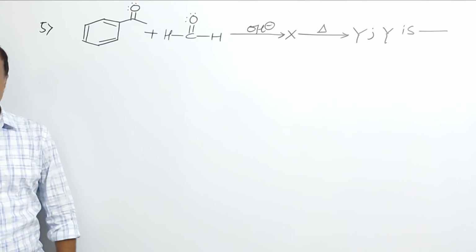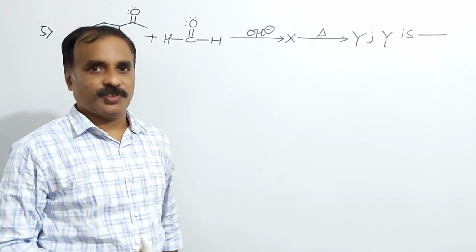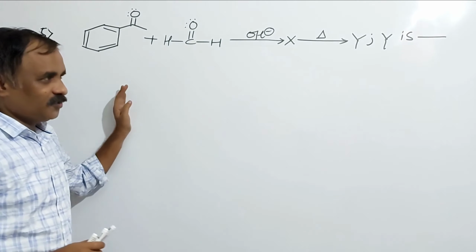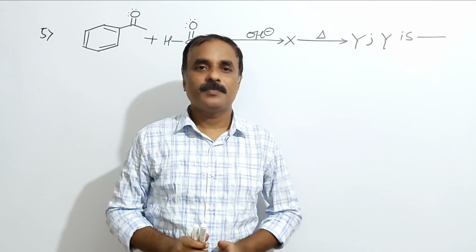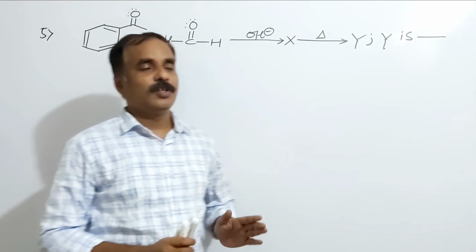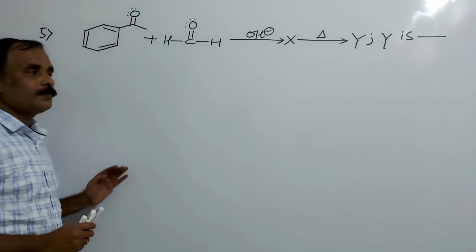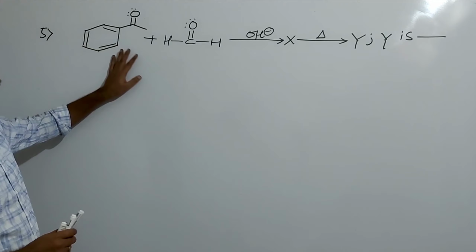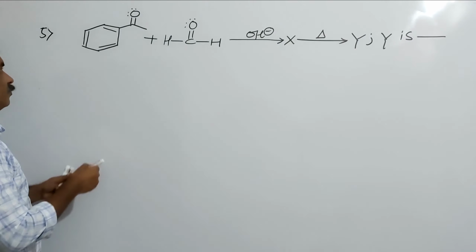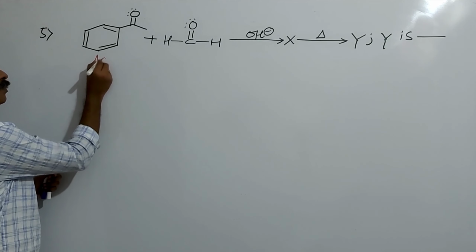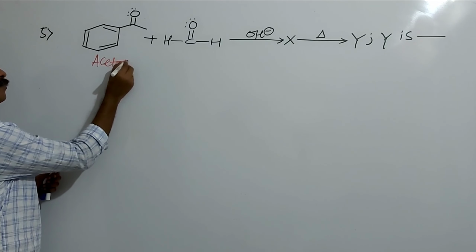In this multiple choice question, your options are not given. Options are not required. It is not necessary to write your options. Your reactants are given. Name of this reactant is acetophenone. This is acetophenone.